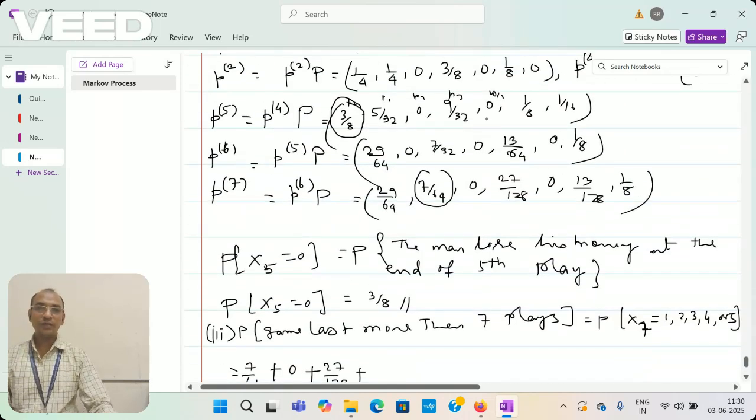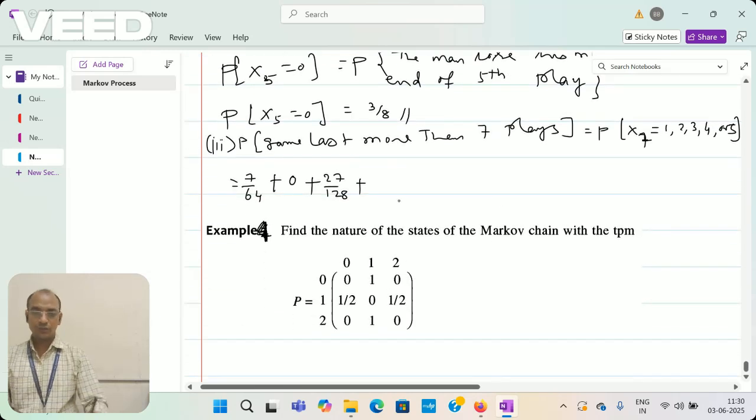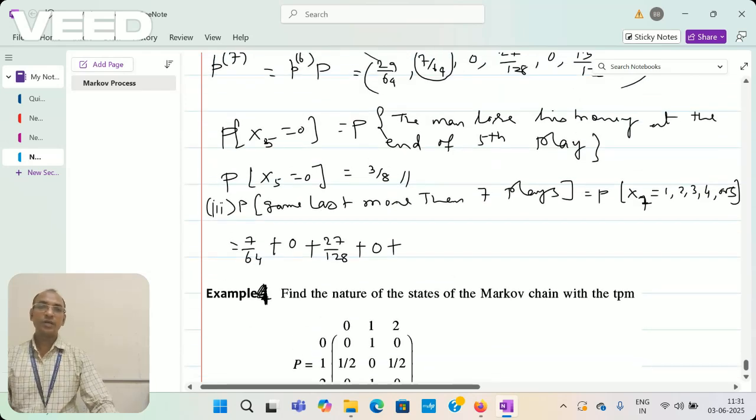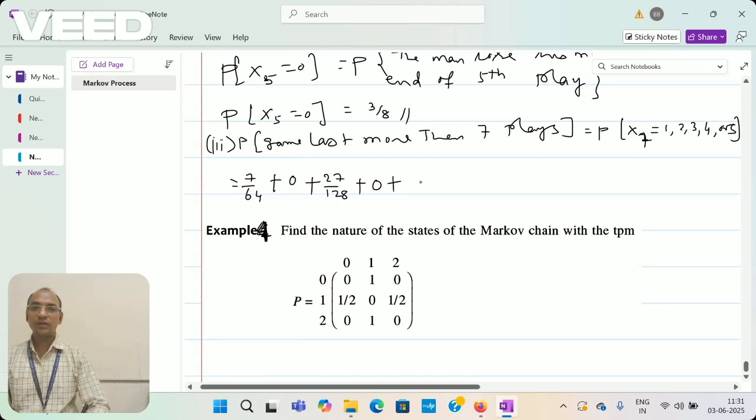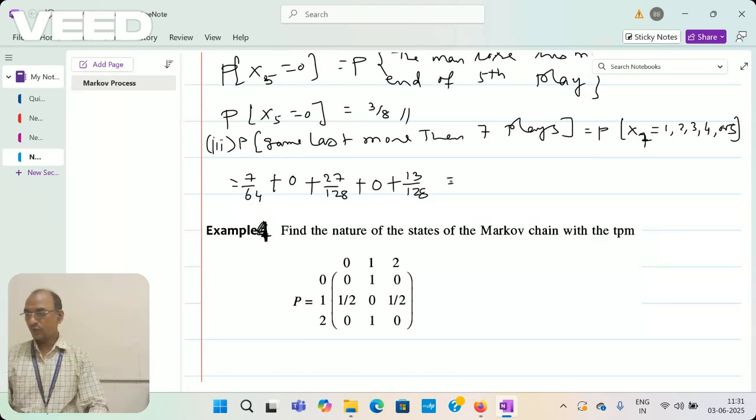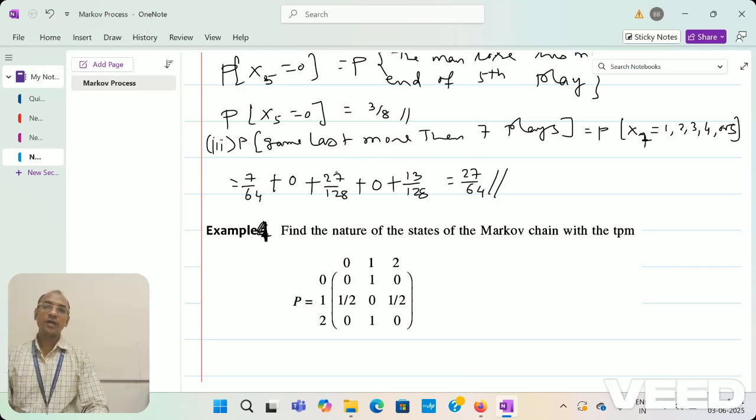And 4 means I can have 0, and 5 means I can have 13 by 128. So if you take the sum of these, we will get 27 by 60. So this is the probability that the game may last more than 7 plays.